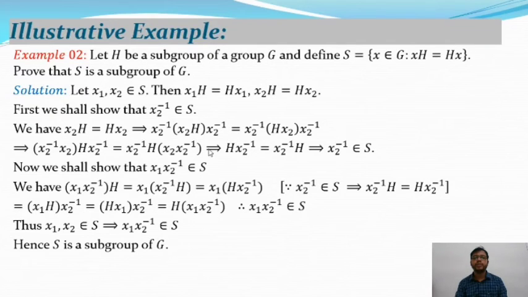We operate x2 inverse on the left as well as on the right, on both sides. We get x2 inverse x2H x2 inverse equals x2 inverse H x2 x2 inverse.